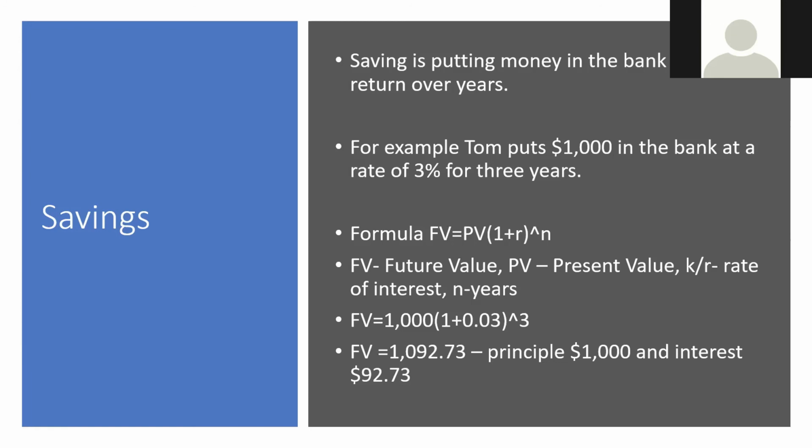So today is the present, and tomorrow, next week, next year, etc., is the future. So the main thing here is FV is the future value. We want to know what the future value of something is. And then PV is the present value. So FV, future value, right? We good with that?